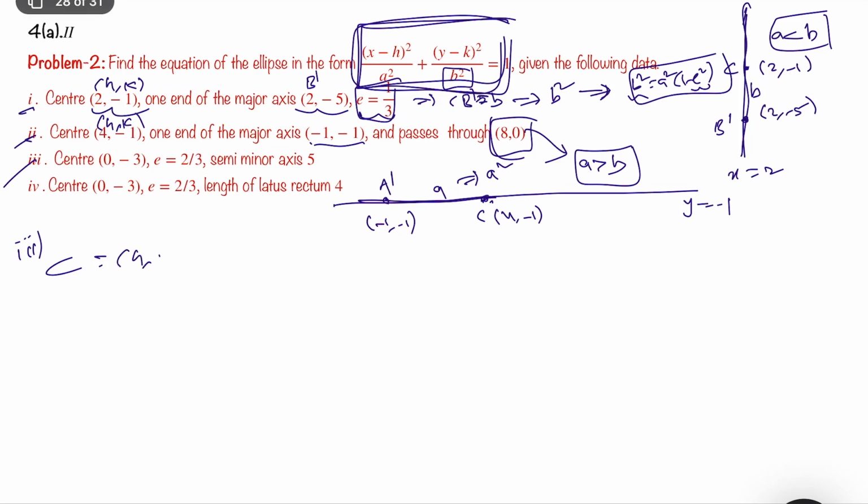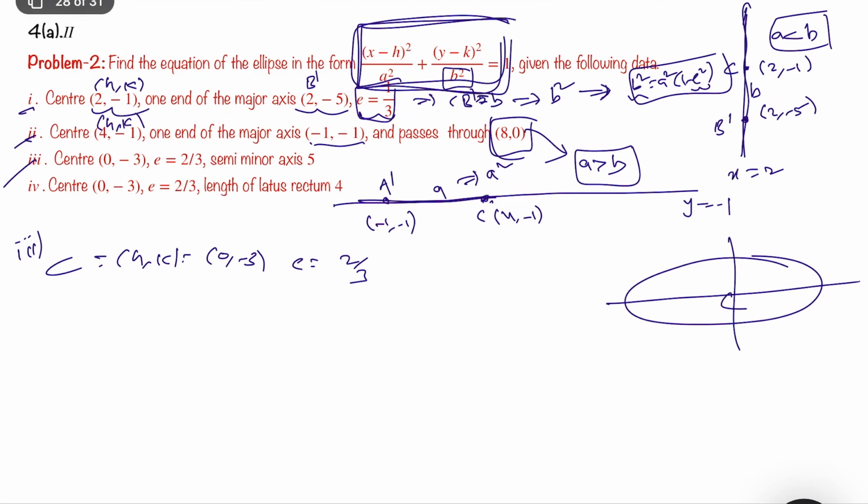Next, in the third question, the center h comma k is given as 0 comma minus 3, the eccentricity is given as 2 by 3, and the semi-minor axis length is given. If this is an ellipse with center C, then CA is a semi-major axis and CB is going to be the semi-minor axis. Similarly, CA dash and CB dash.